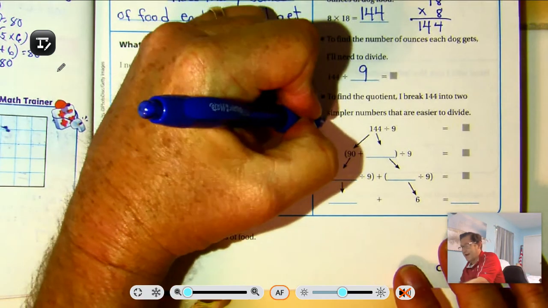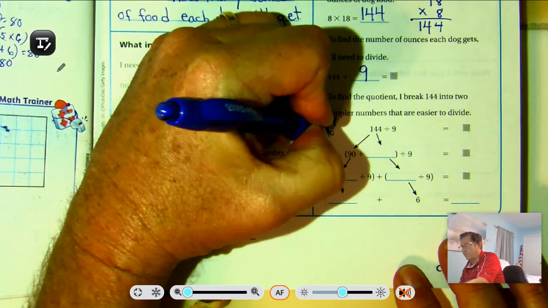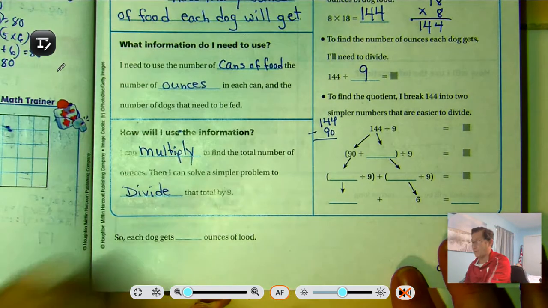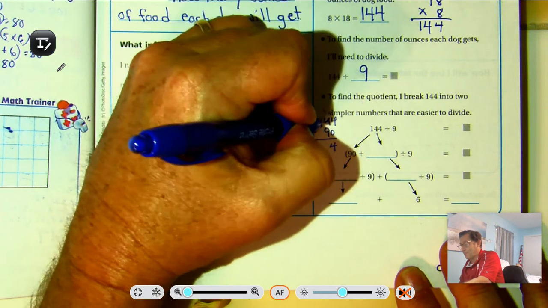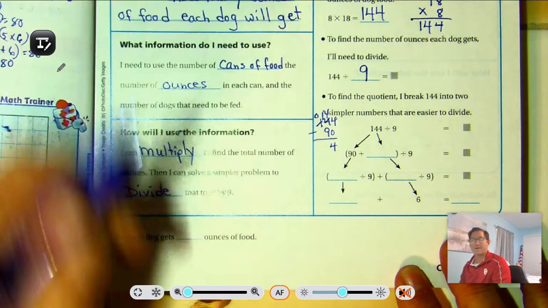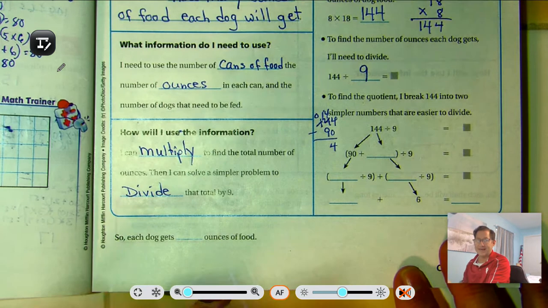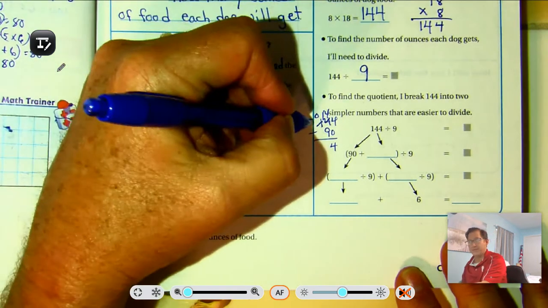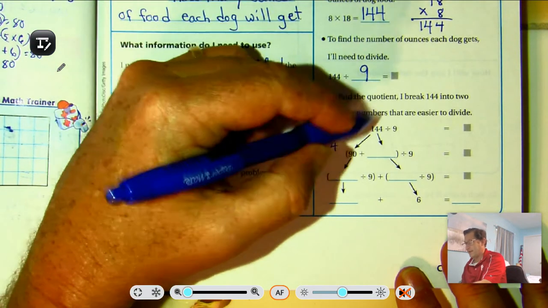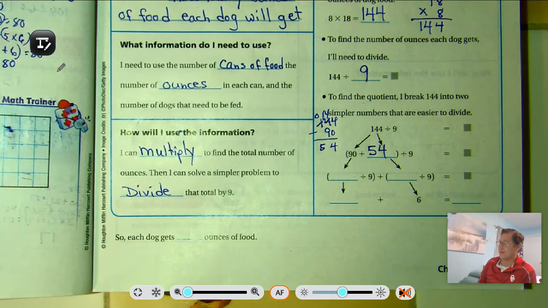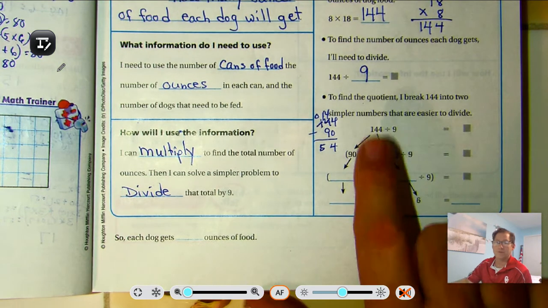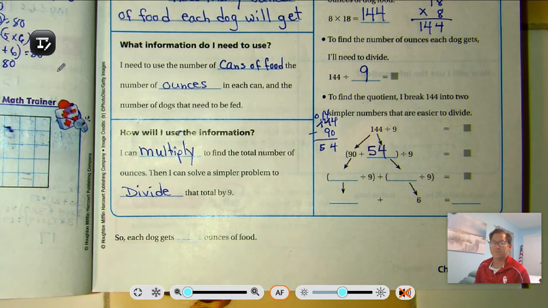So if I take 90 away from 144 to make that part easier to divide, I can't take 9 from 4, so I'm going to regroup from the hundreds. And 14 take away 9 is 5 tens, so 54. So 90 plus 54 is 144.